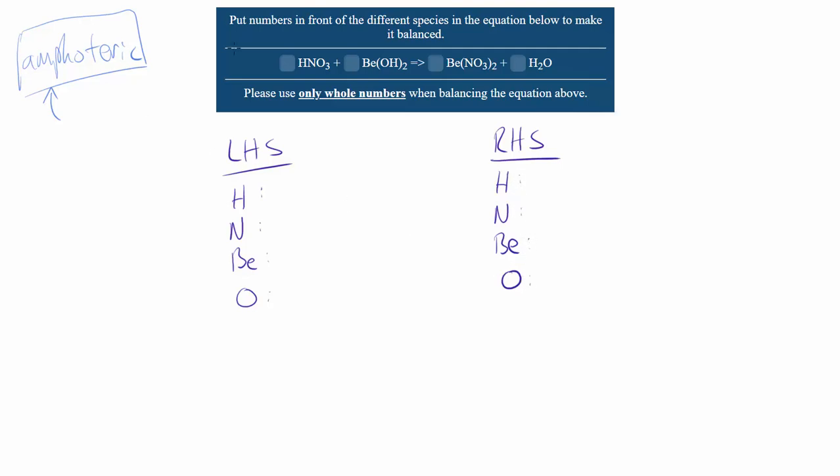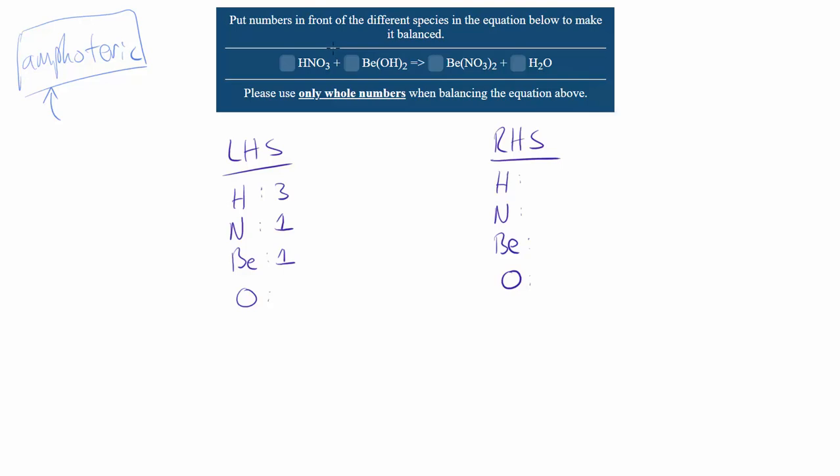Okay, so let's go through this process. Let's count the occurrences, starting with the hydrogen. We've got one H here and we've got OH2, so we've got 2 here. So that would be a 3, 1 plus 2. In terms of the nitrogen, it only occurs once in the NO3, so that's just going to be a 1, and in BeOH2 it occurs only once.